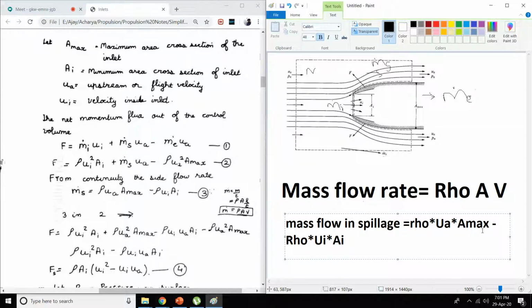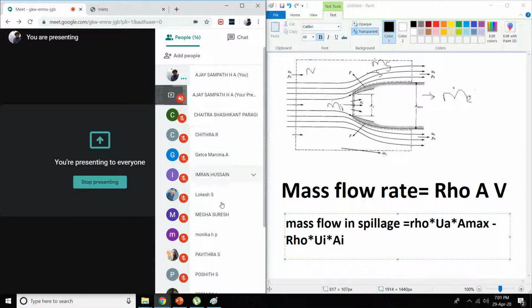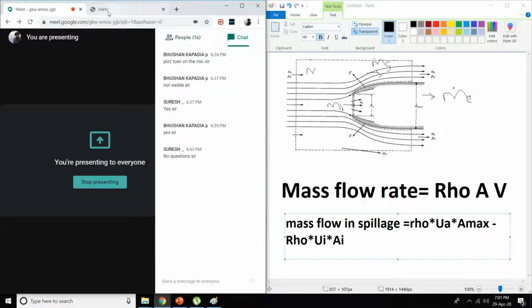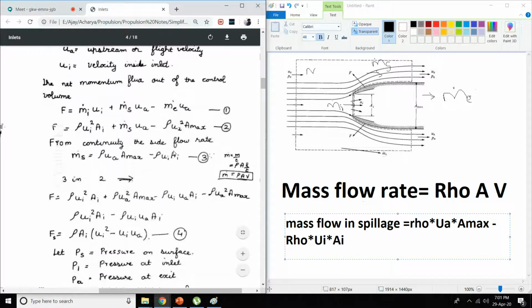Very important. So if you take A max, see here, A max here is actually supposed to be U2, but you don't take it as U2 since A max is not defined. If you take A max to be any infinite value, whatever flow is going inside of this minus this should be your spillage. Any doubts? Okay, I think you understood.